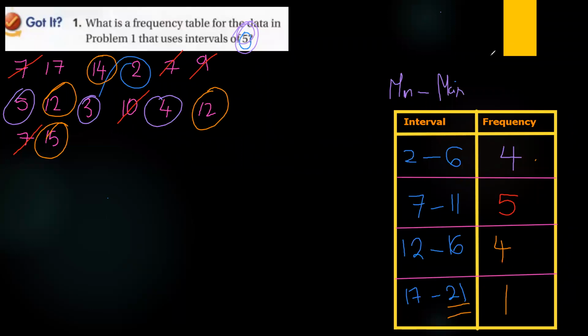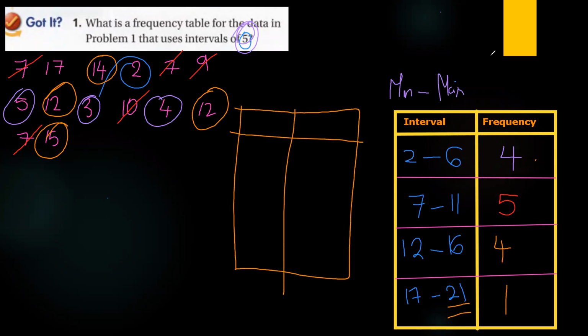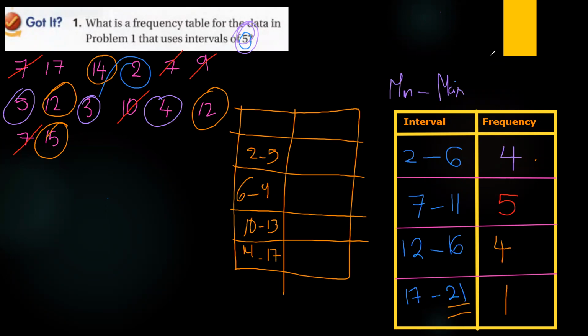In the previous one, when we wrote the table, we stopped at number 17, the maximum number. We wrote them as 2 to 5, 6 to 9, 11 to 13, and 14 to 17. So in the previous one, we started from 2 and ended at 17 because I didn't know how many intervals.